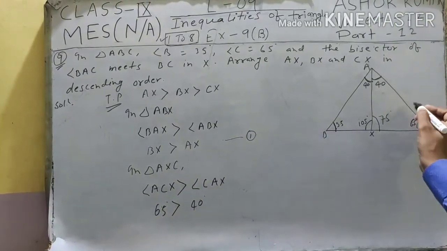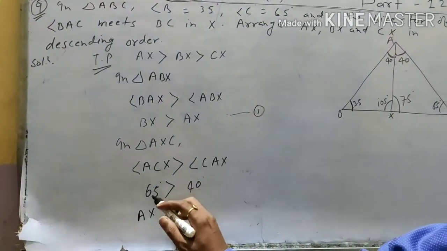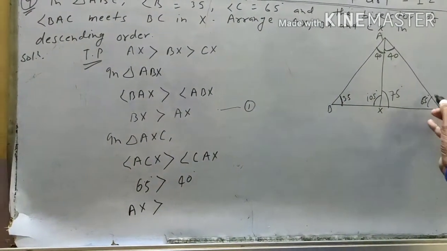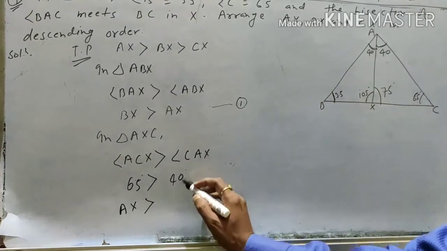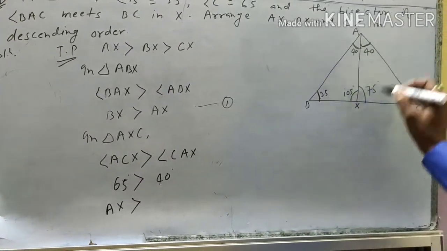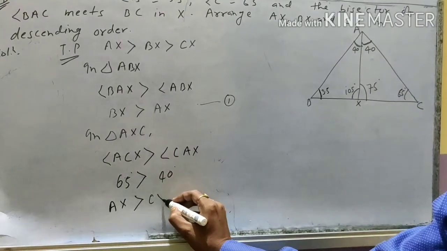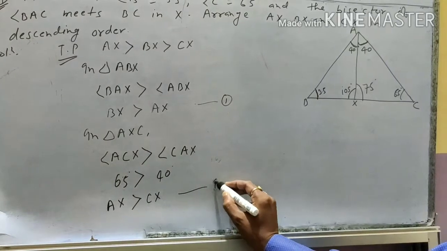In front of the 65 degree angle the side is AX, so AX is greater than the side opposite the 40 degree angle, which is XC, that means CX. This is equation second.